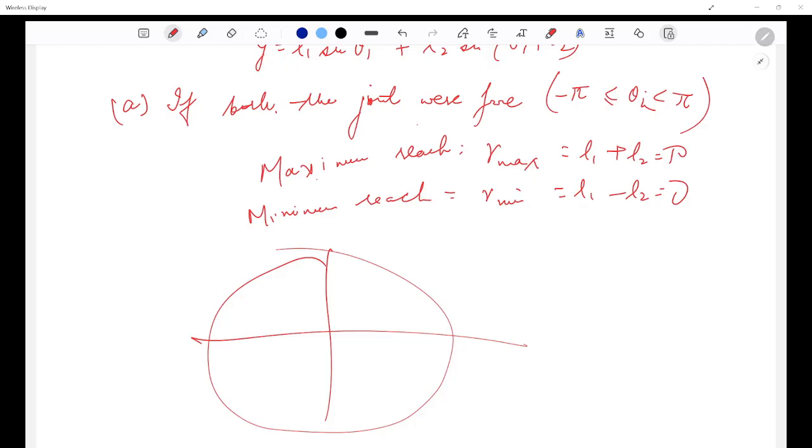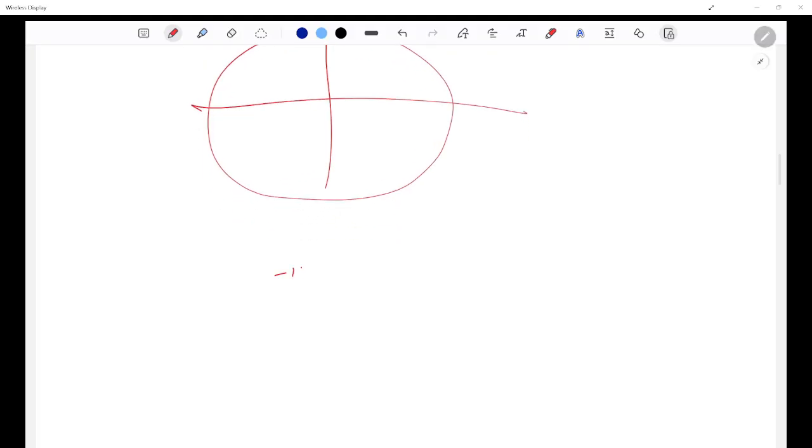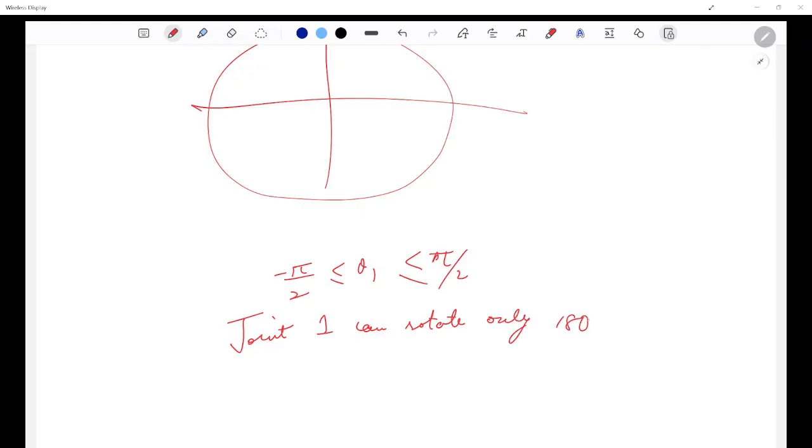Okay, now let's introduce the limits. So my limits are minus pi by 2 to pi by 2 for theta 1. Similarly for theta 2, but let's look at theta 1 first. That means joint 1 can rotate only 180 degrees, right? Not more than that. What does that mean?